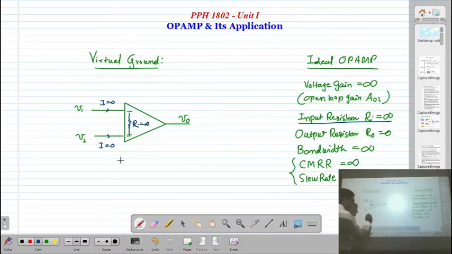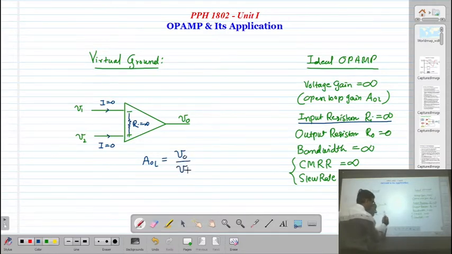Now the second thing, the voltage gain. You can say it is the open loop gain. Correct? Open loop gain is a ratio of what? Output voltage divided by the differential voltage.